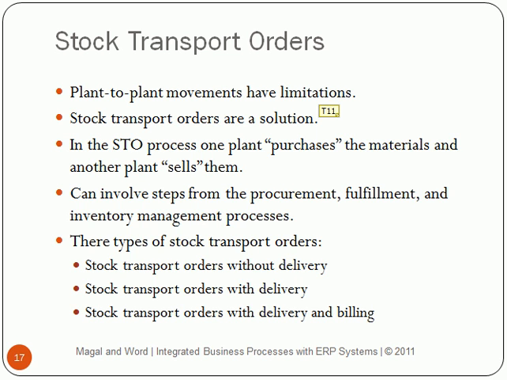So one plant is selling, the other is purchasing from it. So definitely, when we have the stock transport orders, one plant will be doing procurement, the other will be doing fulfillment.